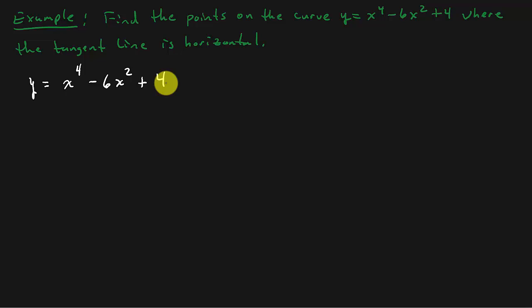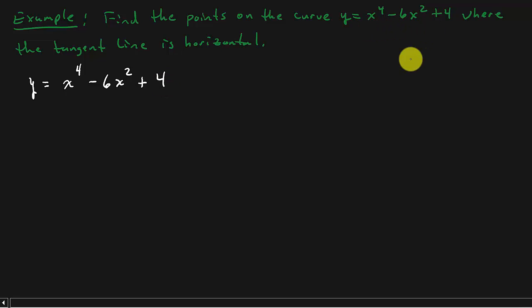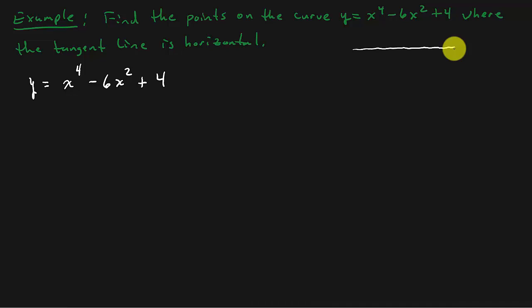Find the points on this curve where the tangent line is horizontal. So we've got a horizontal line, okay? Tangent line's horizontal. So you remember when you studied horizontal and vertical lines, when you were learning about slopes and everything in algebra.